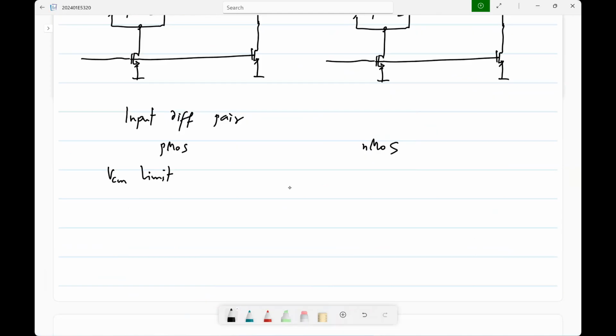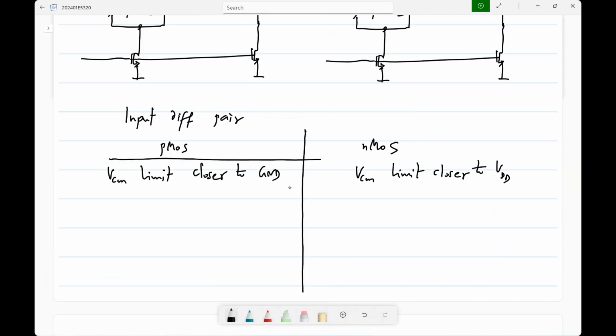If it is PMOS, the VCM limit will be close to ground, and if it is NMOS, the VCM limit is closer to VDD. So this may be a requirement. Sometimes you may have to support a common mode that is very low or very high. So that is one reason.